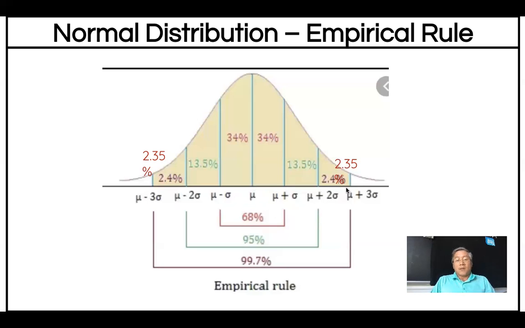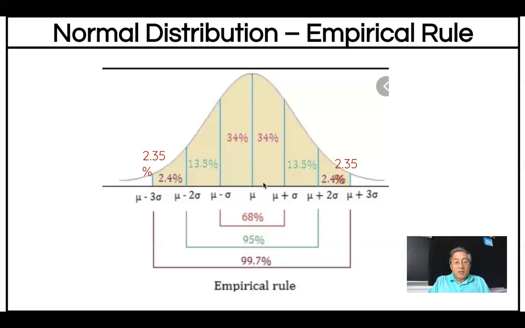But now, how many data are around here? Mostly, the nearer the mean, the more data gathered in the normal distribution, all right? So this we call the empirical rule. If any data set is normally distributed, the shape is like this.